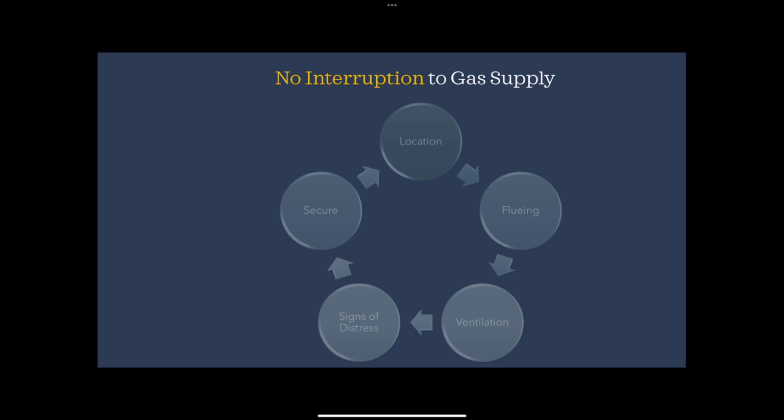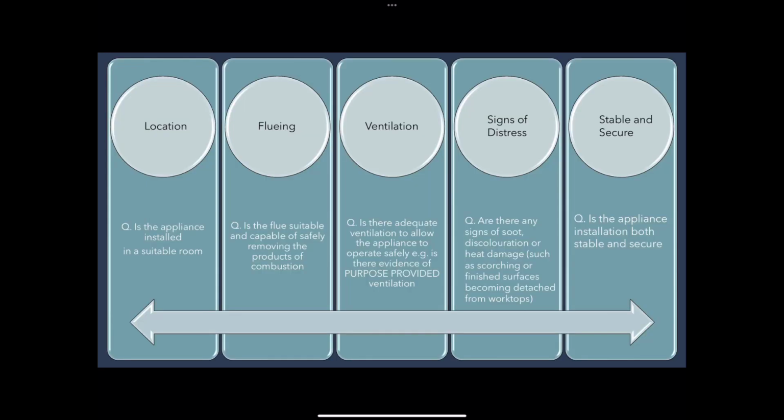You've got to check the appliance for any signs of distress, and you've got to check it for security and stability. But remember, you don't have to do flue flow tests or anything like that. These are visual inspections. And the easiest way to remember these is just ask yourself 5 questions.